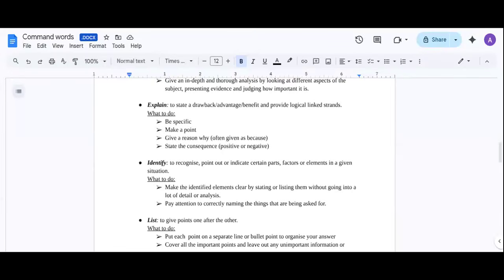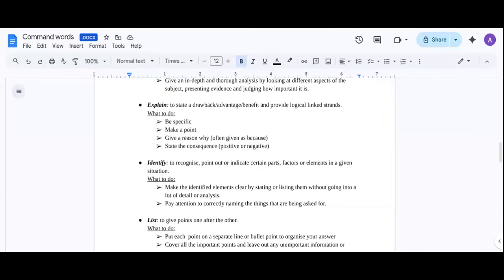So the question might be to explain why it is necessary for the family to provide for the economic needs of its members. They want you to give your reason why, make your point, be specific, and state the consequence if this is not done.